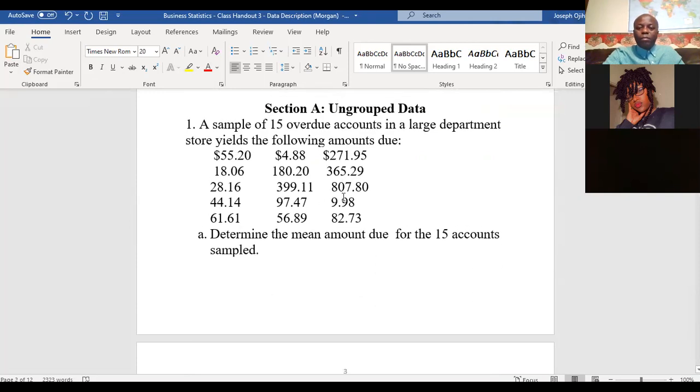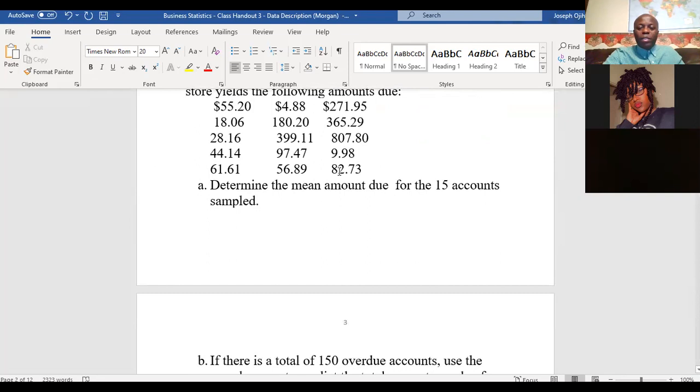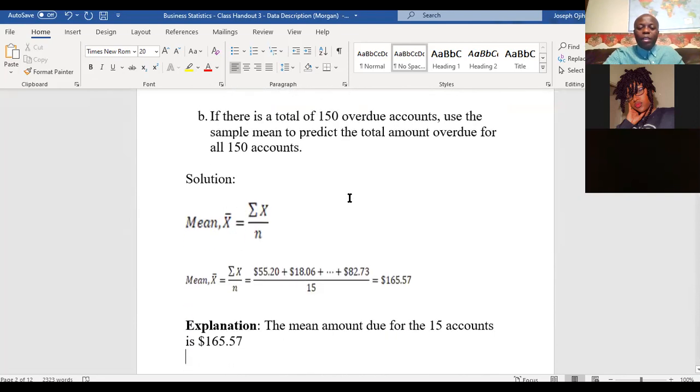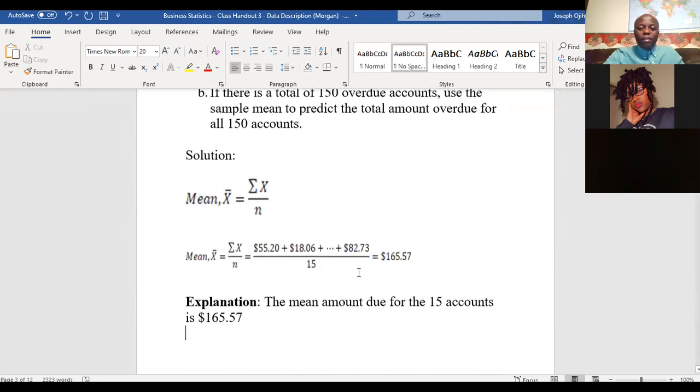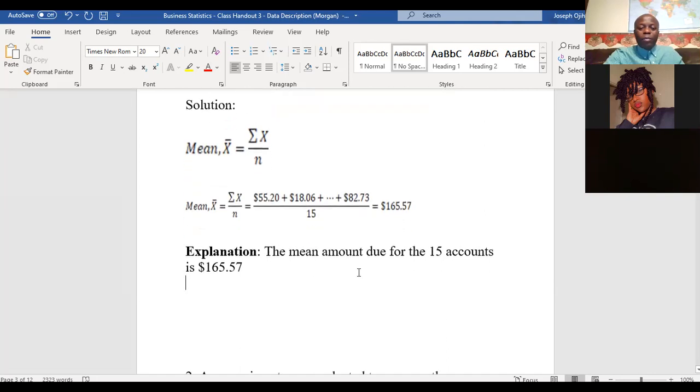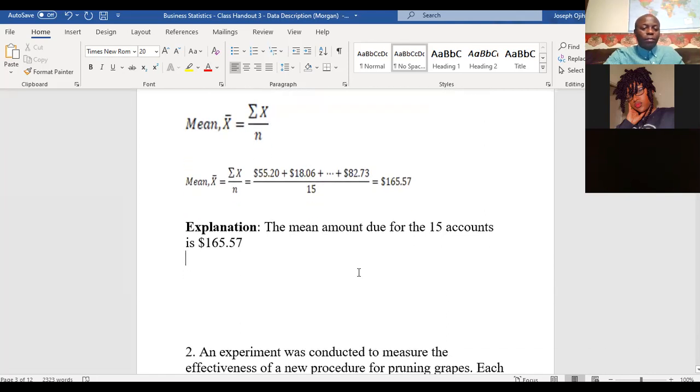The last one of them is $82.73, this one right here. Remember, this is for ungrouped data. For grouped data, we're going to use a different formula. We'll talk about that probably next week.